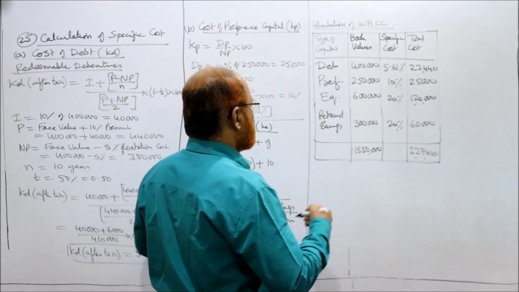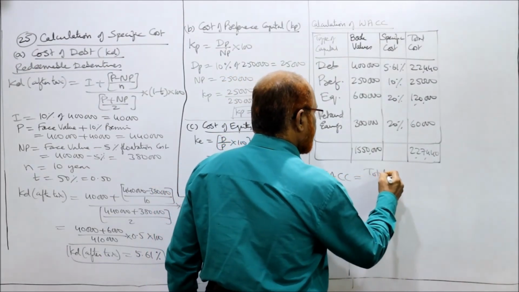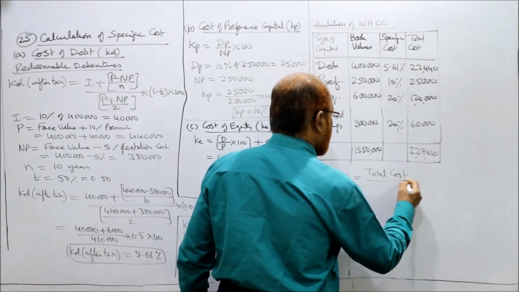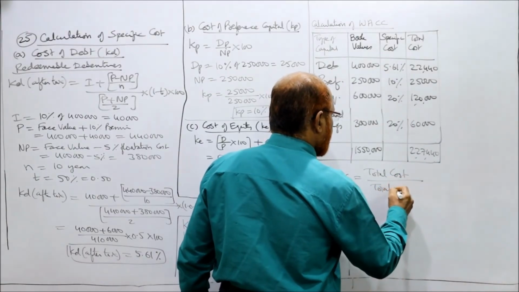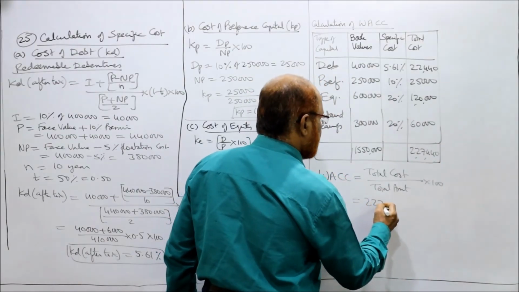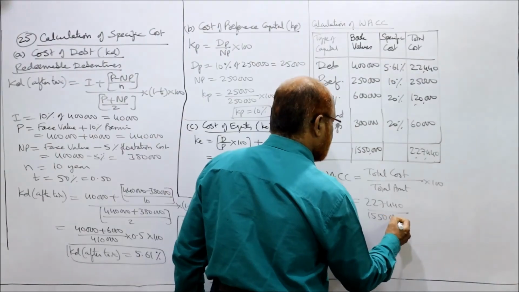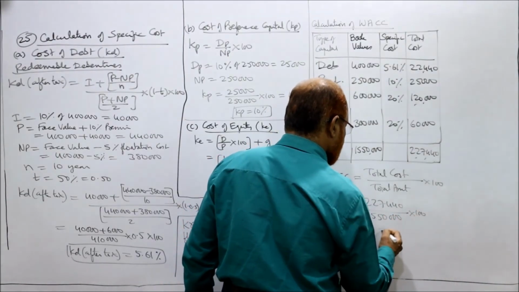Now we calculate WACC: 227,440 divided by 15 lakh 50,000 into 100.